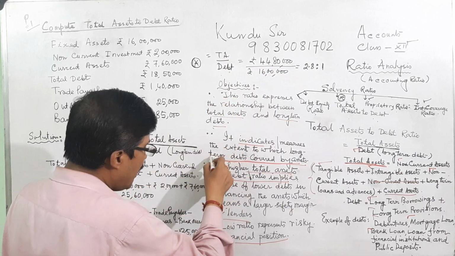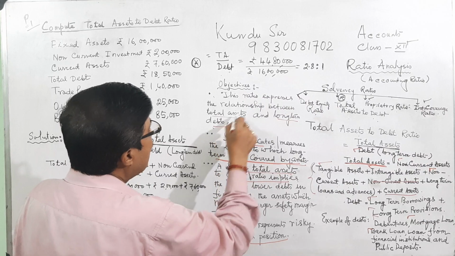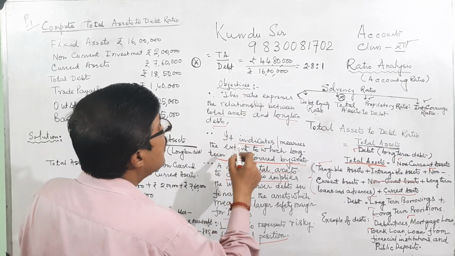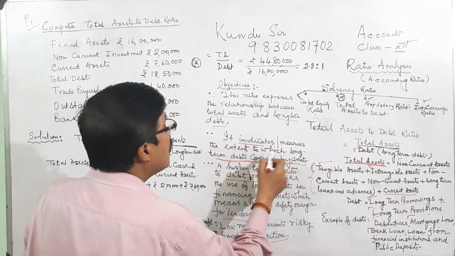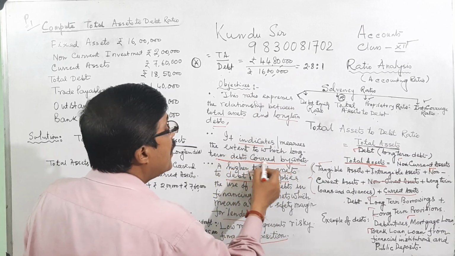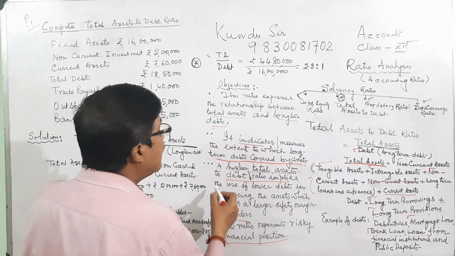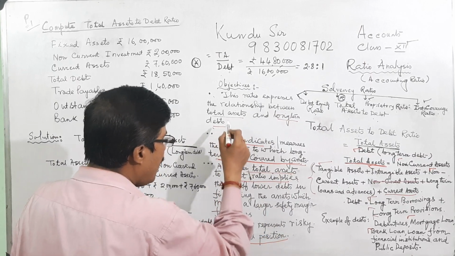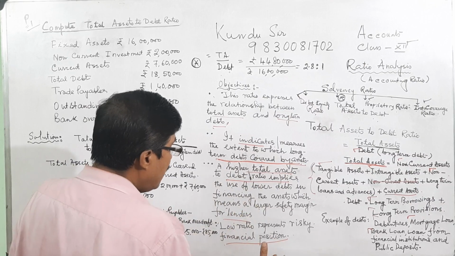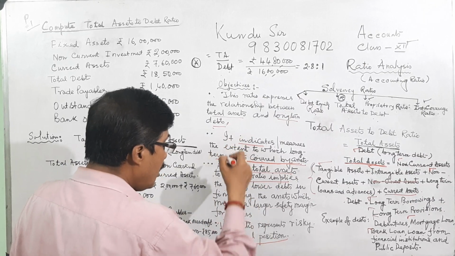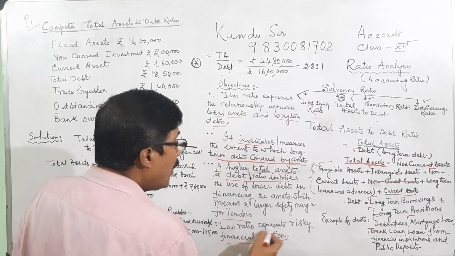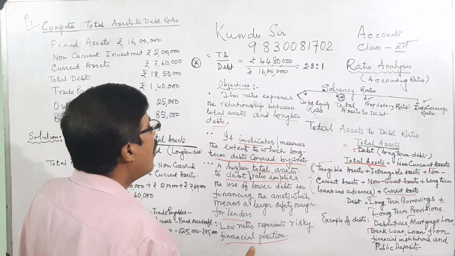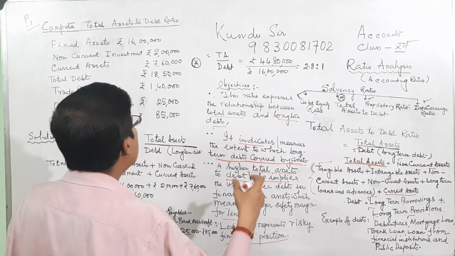There are four points: one is the relationship, another is the indication, that means the extent to which the long-term debt is covered by the asset. Then third is the measure of safety. When the ratio is higher, the lender feels safe. When the ratio is lower, the low ratio indicates a risky financial position for those giving or lending money to the company.